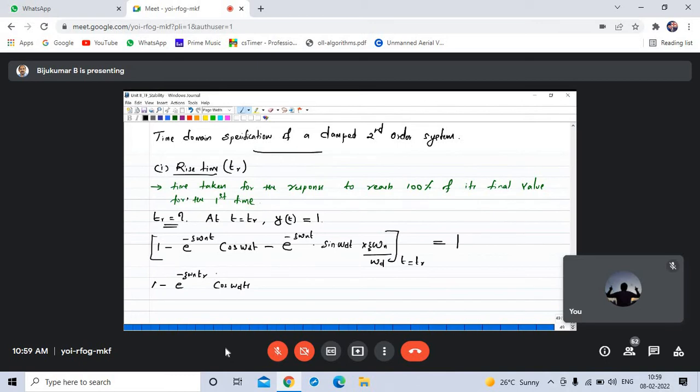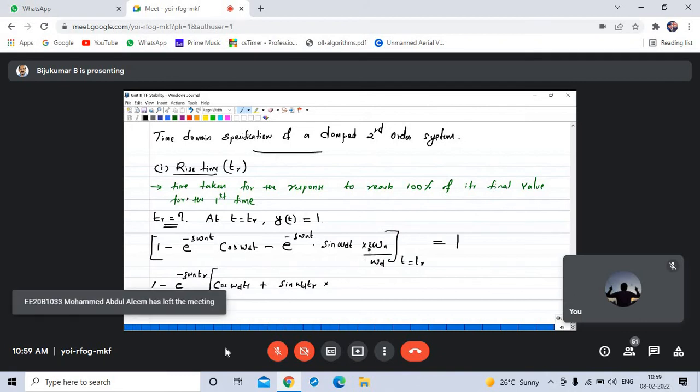So if I take this out, I can write plus sine omega d tr, and what about this one? You can substitute omega d is equal to omega n into root of 1 minus zeta square, right?